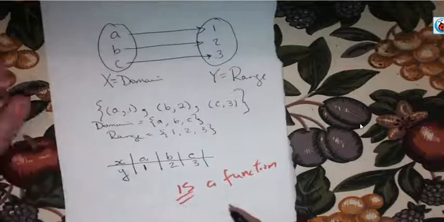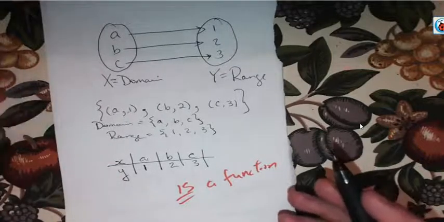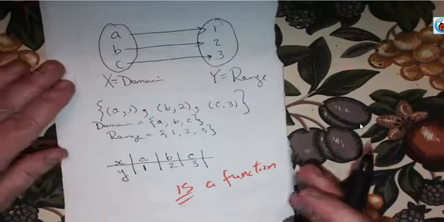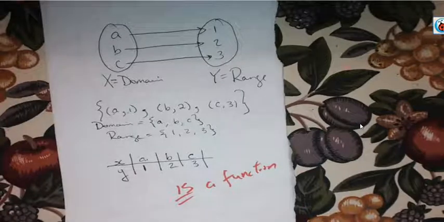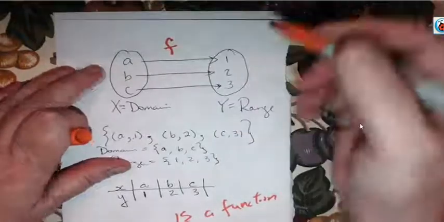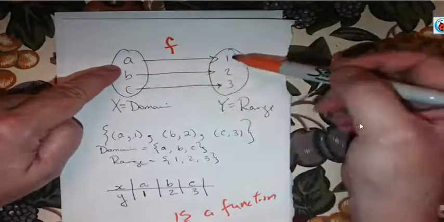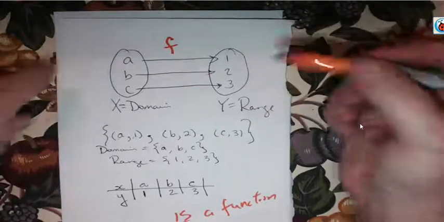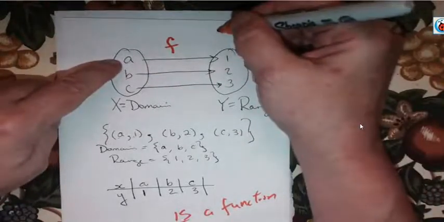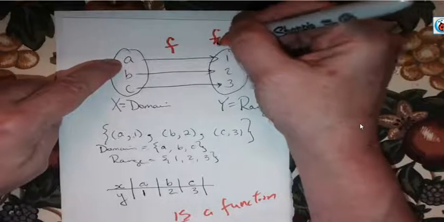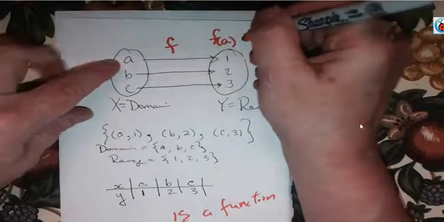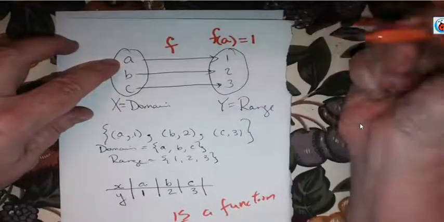So if it is a function, you can give it a name, and the most common name that's used is f. So what f does is it maps a in the domain to 1 in the range. And so we would represent that by saying f takes a into 1.